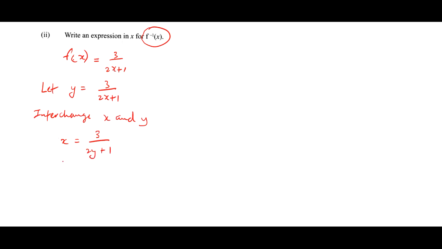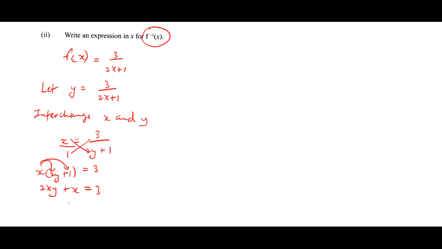And the next step is to make y the subject of the formula. x is the same as x over 1. So what we do, we cross multiply. So we end up with x, open brackets, 2y plus 1, is equal to 3. So 2xy plus x is equal to 3. Is that correct? Yes.